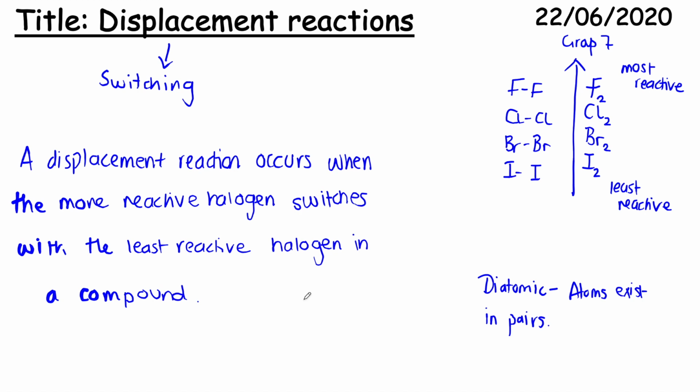There's also another thing that you need to note. When a halogen is in a compound, it ends in IDE, so it's chloride, fluoride, bromide. But when it's on its own, so when it's not bonded to anything, it ends in INE. So it's fluorine, chlorine, bromine, and iodine. So we'll write that down now.